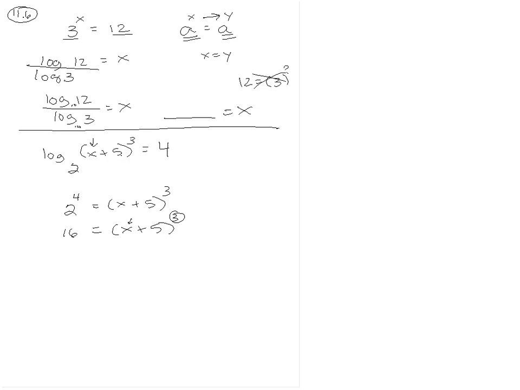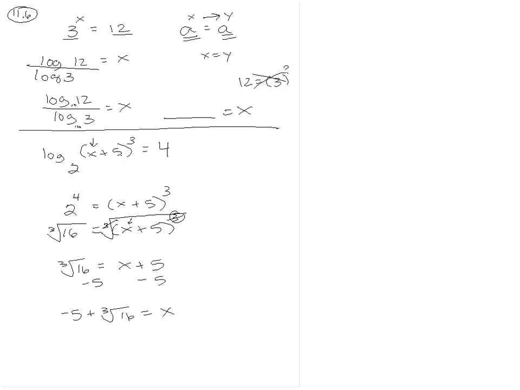If it's being cubed, you take the cube root, and whatever you do to one side, you do to the other. So you get the cube root of 16, and here you get x plus 5, because that cancels that out. Subtract 5. I have negative 5 plus the cube root of 16 equals x.